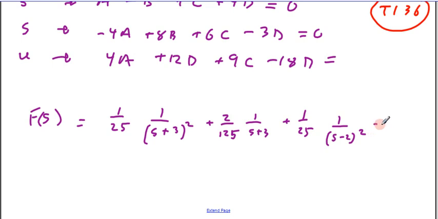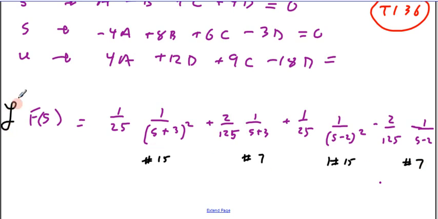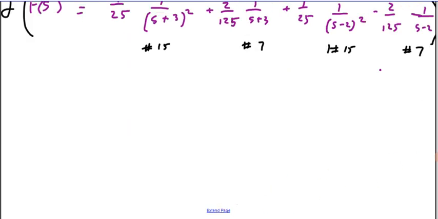Then it's going to be minus 2 over 125, 1 over (s-2). Okay. And now we look at number 15 and number 7, and we take the inverse Laplace transform of everything we have there.